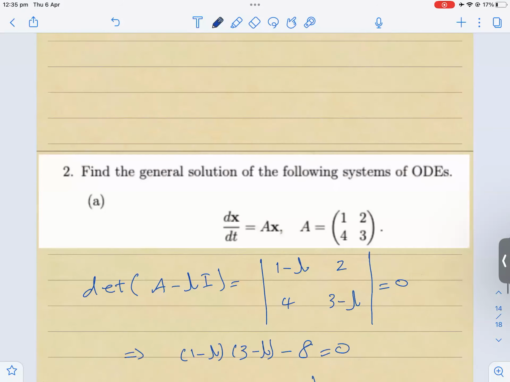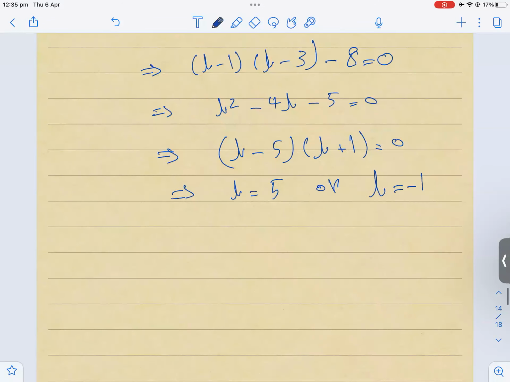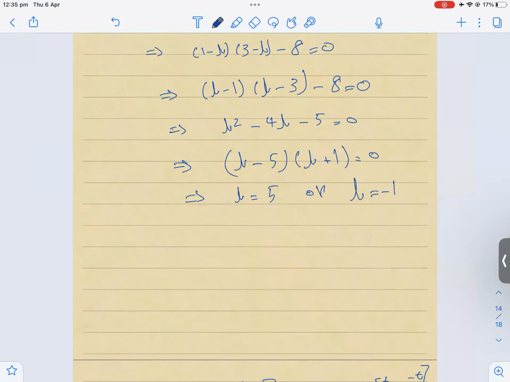Now, for this one, it is easy for me to do eigenvectors, but we don't like it. Let's use Cayley: alpha 0 I plus alpha 1 t times A.